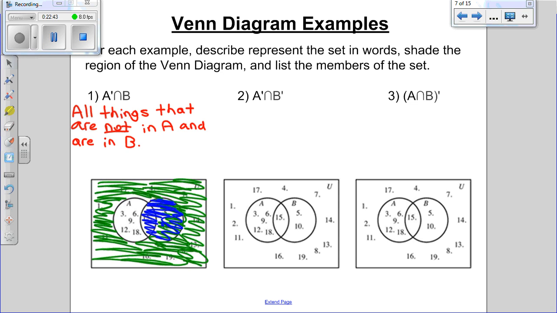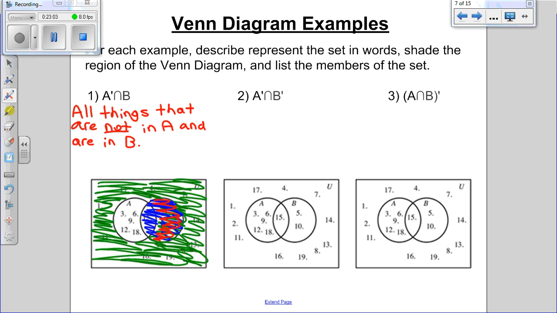It would be this section here. It's hard to tell, but it would be that portion. It would be that stuff that's in B, but it's just not including that intersection.